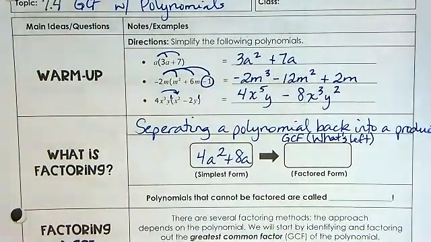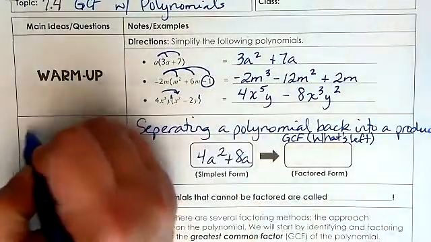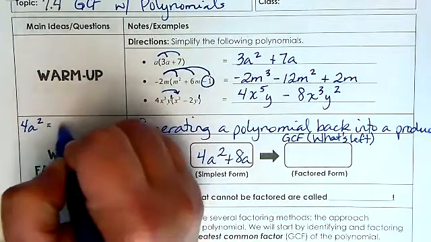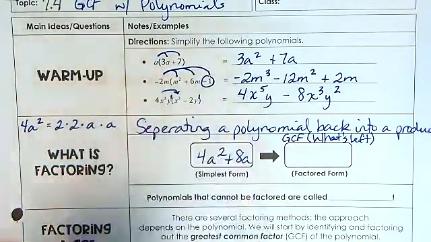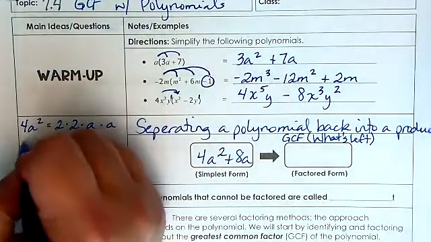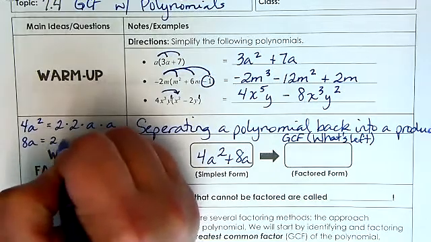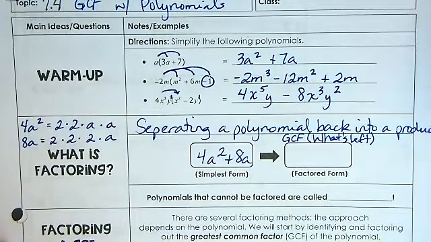If you do prime factorization, you'll always get to it. So that's what we're going to do for this one right here. So I'm going to have 4a squared, and the prime factorization for that is going to be 2 times a times a, because I want prime numbers. And then I'm going to do the prime factorization for 8a, which is going to be 2 times 2 times 2 times a.